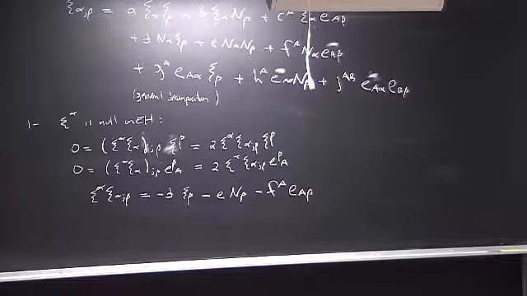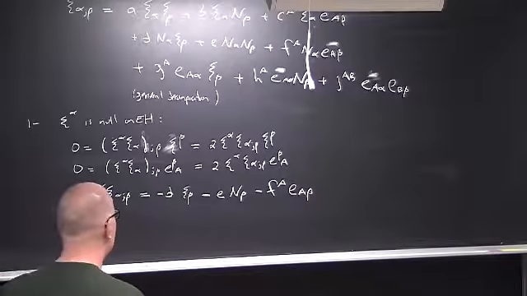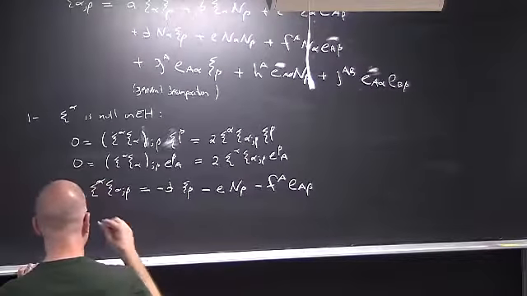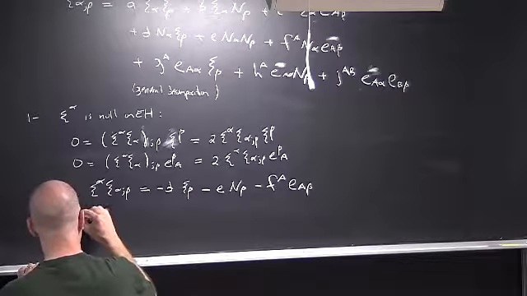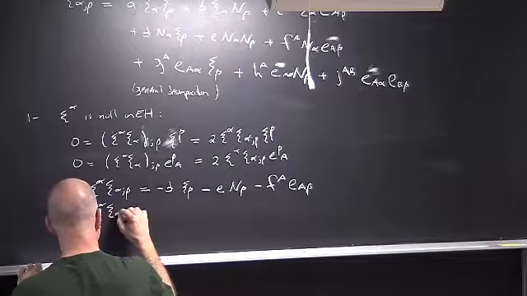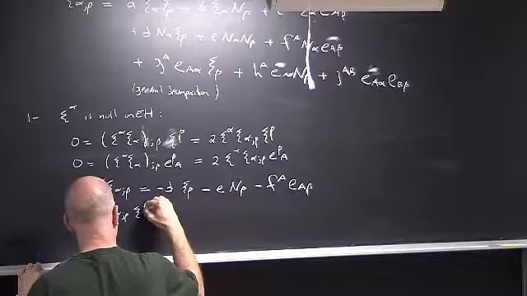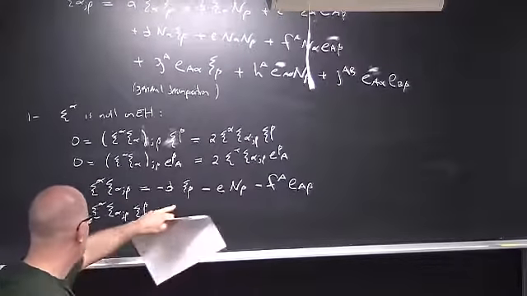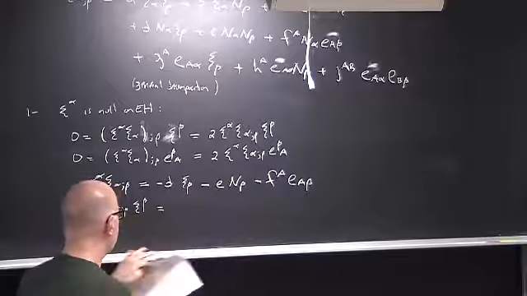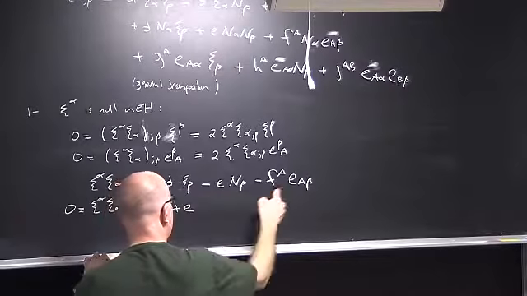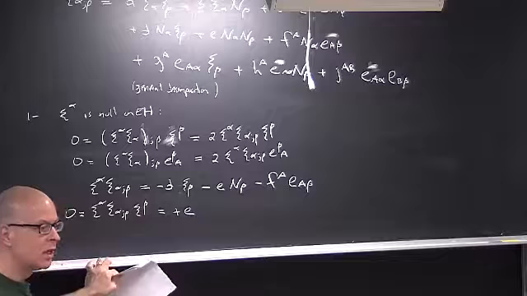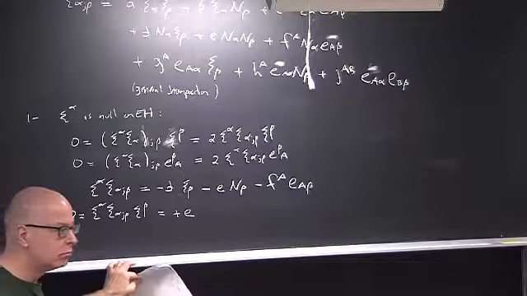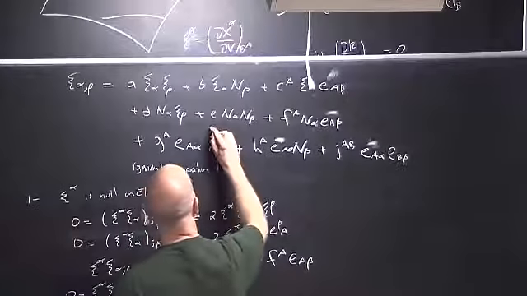All right. Now let me multiply again by xi. The result has to be 0. When I multiply again by xi to consider this quantity over here, I'm going to kill that. This will become plus e, and this will become 0. And what do we learn from this? Well, we learned that e is equal to 0.